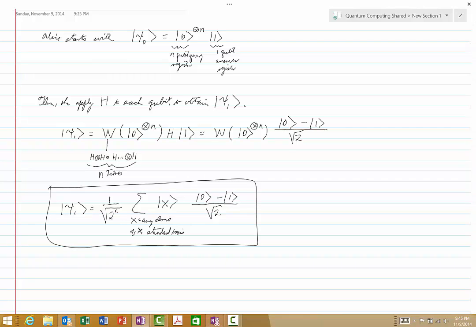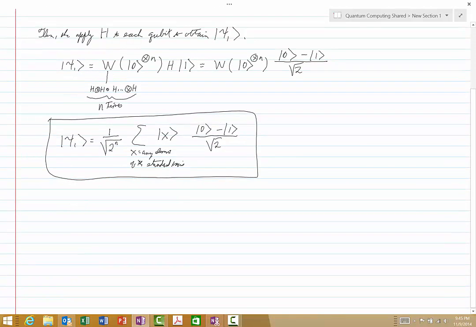And this is what Bob will operate on. So Bob operates on C1 with U sub f.